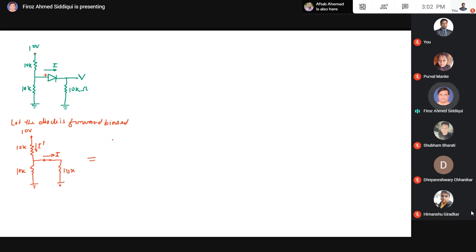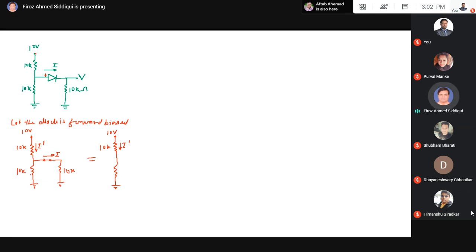So let me draw another diagram. This is the 10 volt supply and this is the 10K, and here is the current I dash which is flowing. So what is the value of this resistor?